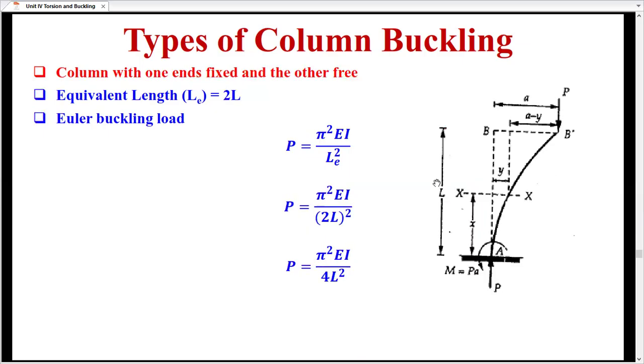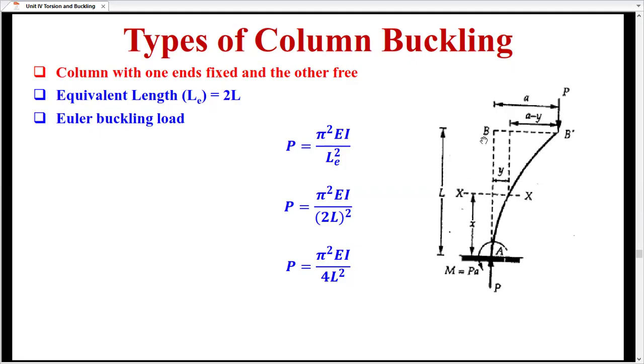Then the second condition is when one end is fixed and the other is free. So this end is free. When we apply the load, it will be buckled like this. The crippling load will become pi square EI upon LE square. At that time, the equivalent length will become 2 times the actual length. So we can take the deformation to be like this.